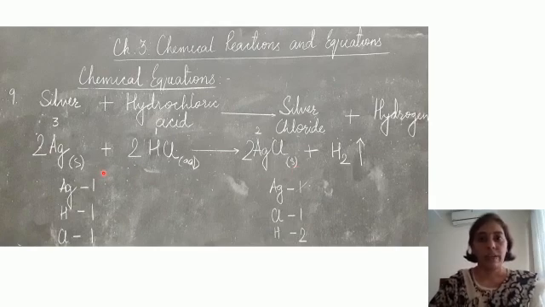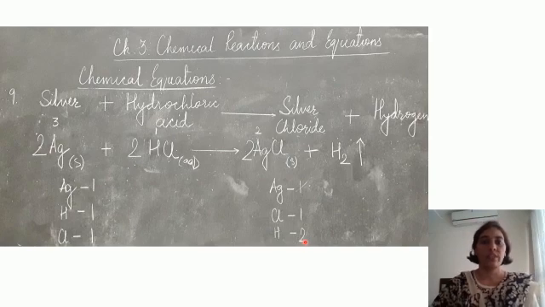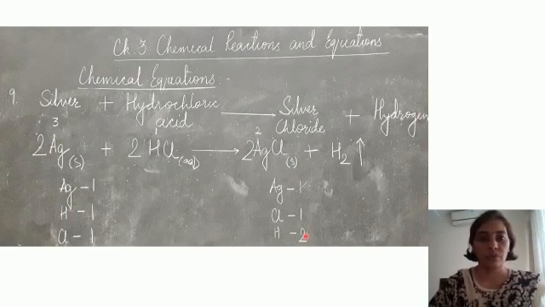Now let's come to the balancing part. Counting the number of atoms on both the sides. Silver is 1 atom, hydrogen 1, chlorine 1. This side Ag1, silver, that is silver 1, and chlorine 1, and hydrogen is 2 atoms. So let's start by balancing hydrogen.